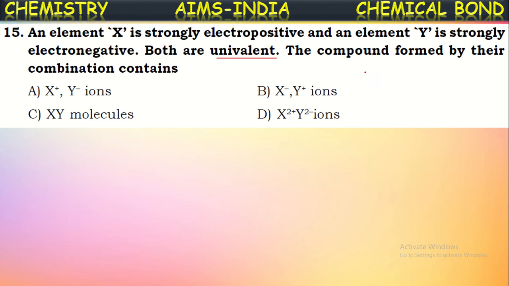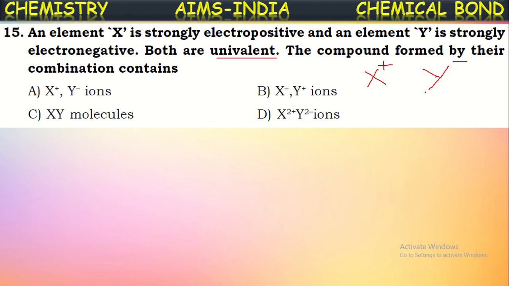Means it is very ready to lose one electron and forms X plus ions. Whereas Y is strongly electronegative and it is also univalent. So Y will always be ready to gain one electron and forms Y minus ion. So when these two combine together, they form an ionic compound which contains X plus and Y minus ions.